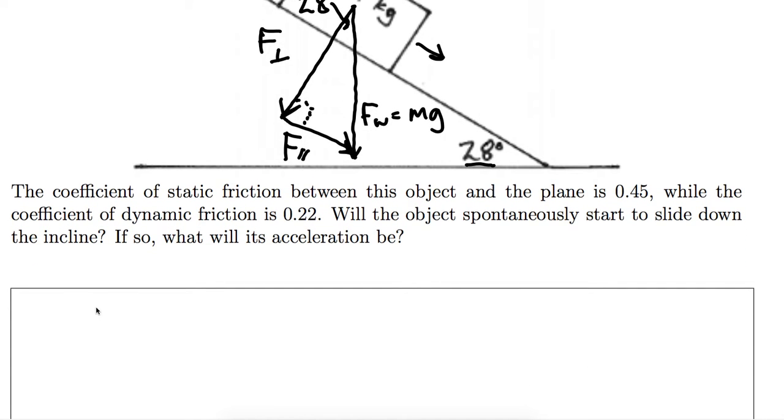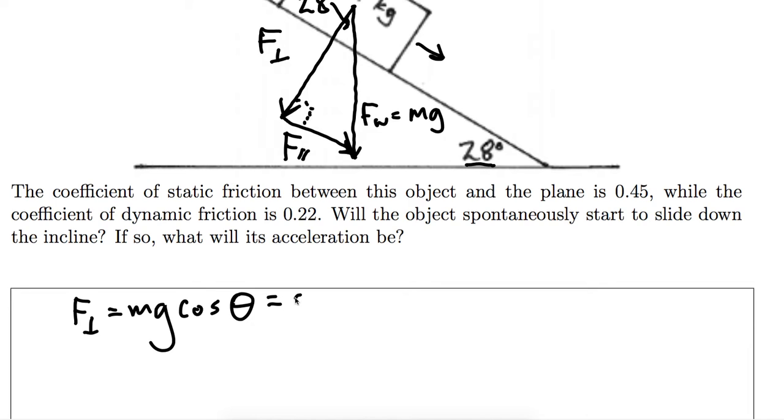So F parallel, or let's do them in the order that I've done them in the answers on the back. So F parallel is equal to mg cos theta. And again, it's the same old trig stuff. We're looking at cos being adjacent over hypotenuse and sine being opposite over hypotenuse, and then rearranging those.